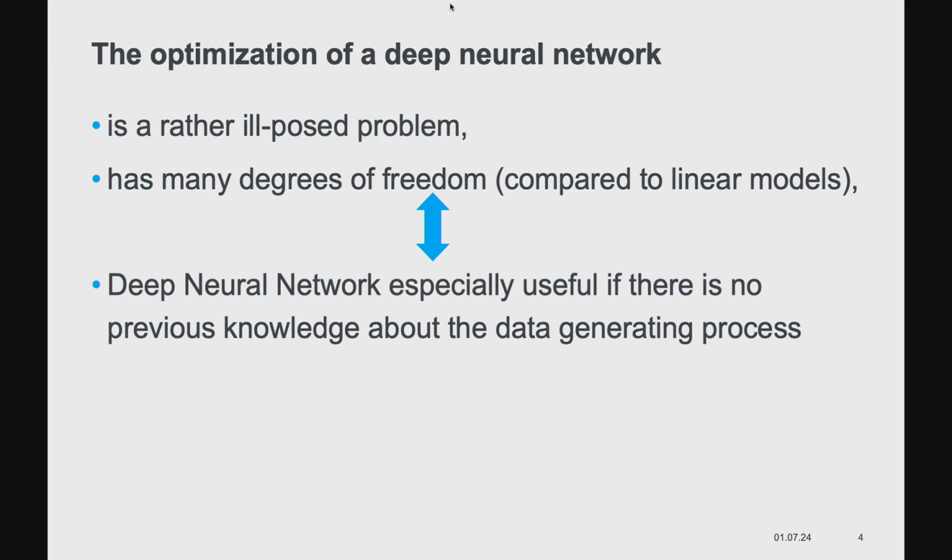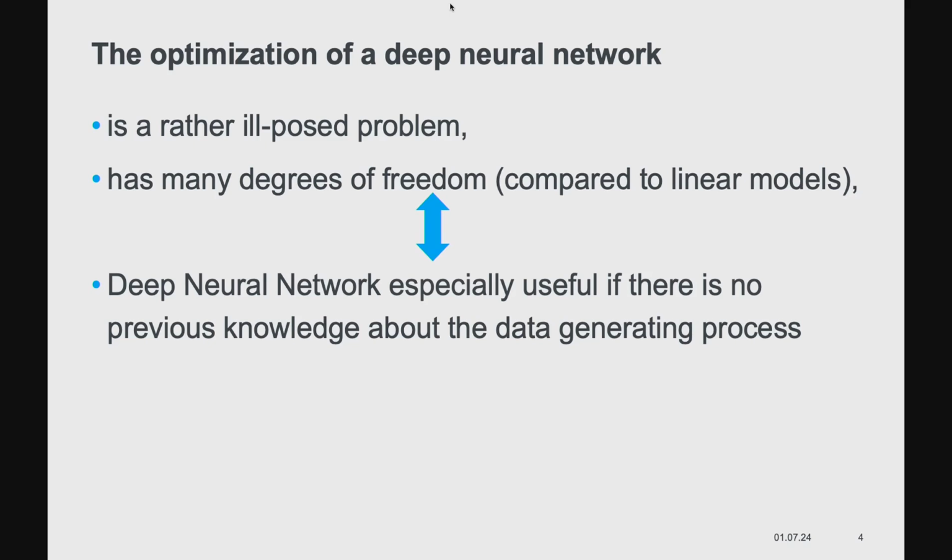It is one where you don't have the one unique solution. And indeed, we don't even know whether, when we define such a neural network, there exists one global optimum. And what we do is a hill climbing strategy.